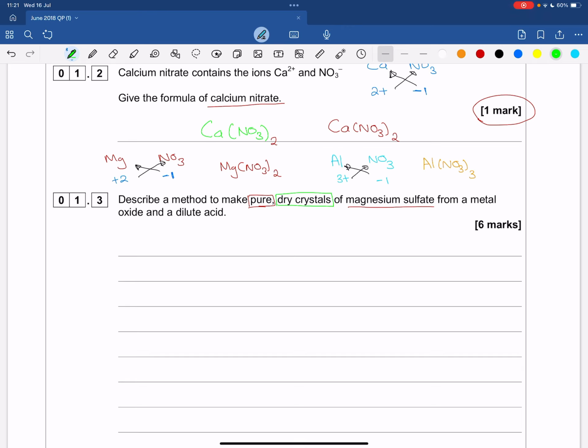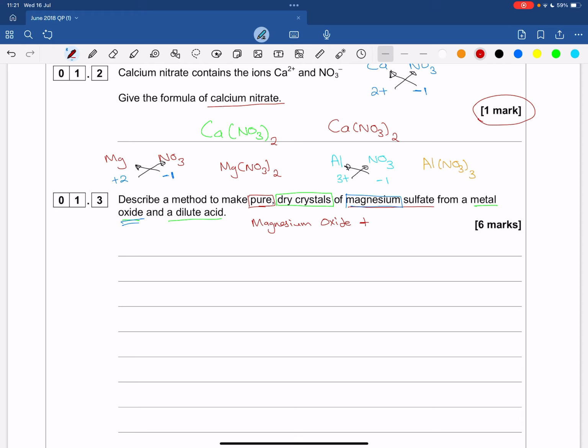In this one, they are using a metal oxide and dilute acid. What metal are you using? Magnesium is the metal, so the oxide must be magnesium oxide. So magnesium oxide must be one of the reactants.